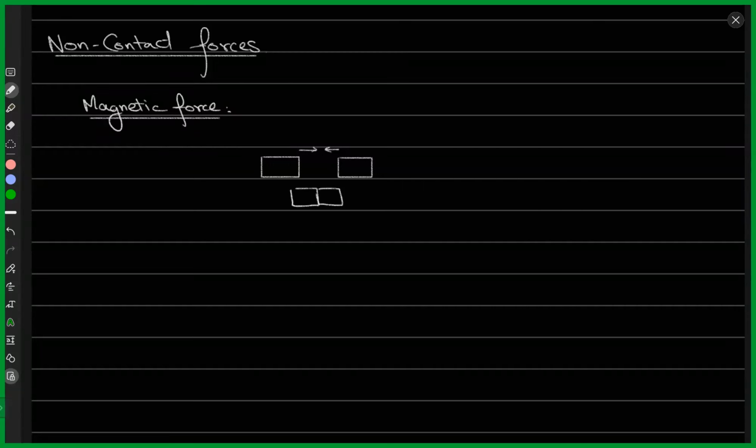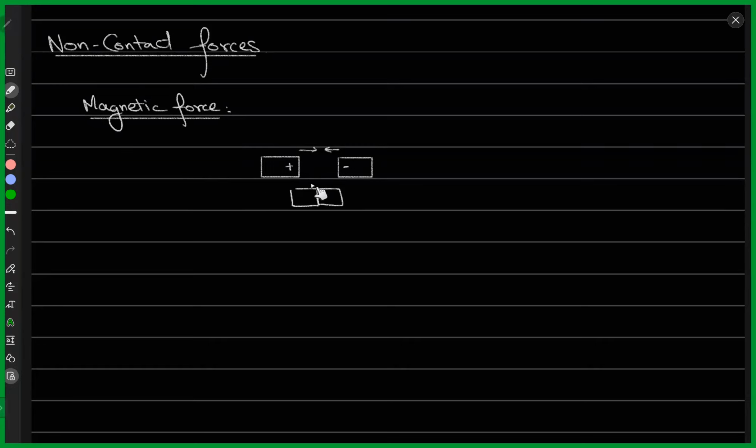And then if you flip one of the magnets, you might see that all of a sudden these two magnets are trying to get away from each other. That's repulsion. They're trying to avoid each other, really. So we can assign this concept and say that one is positively charged and the other is negatively charged.